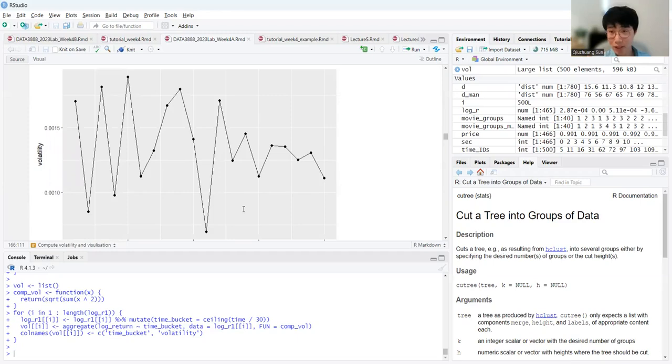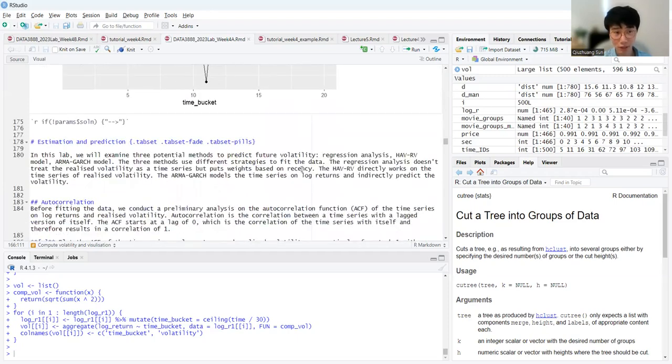So the resulting number of time points is 20. So you can see that there are 20 time points here, meaning that we have 20 30-second intervals, and for each interval I can compute a corresponding realized volatility.